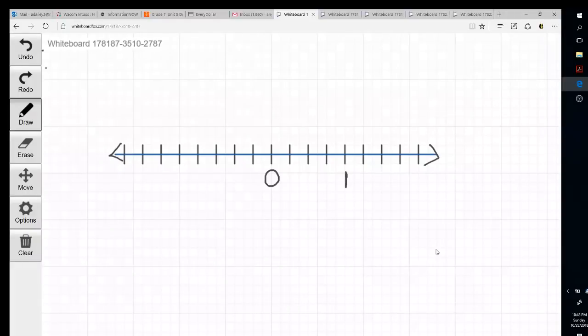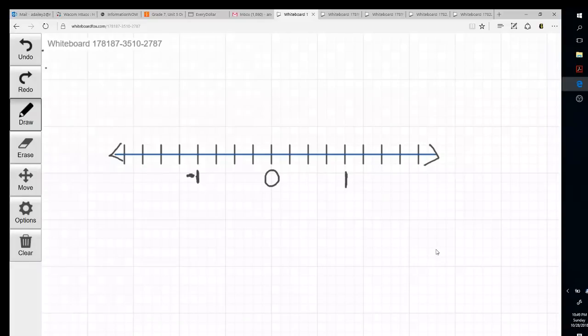And then you were given the task of labeling negative 1. Well, negative 1 is the opposite of 1, right? So it has to be equally distant from 0, but on the left side instead of the right side. So 1 is 1, 2, 3, 4 tick marks away from 0. That means negative 1 has to be 1, 2, 3, 4 tick marks away on the opposite side. So that is how you decide where the negative 1 goes.